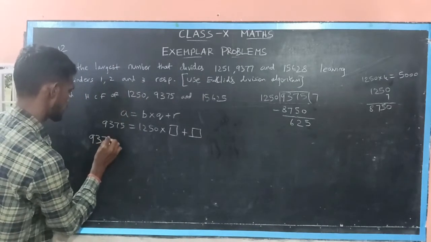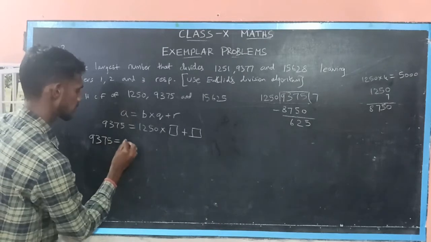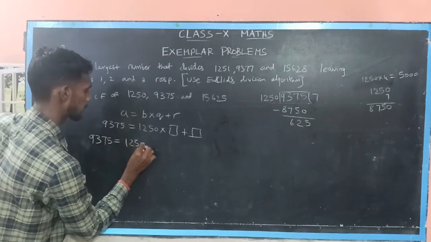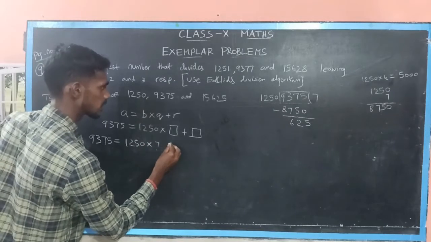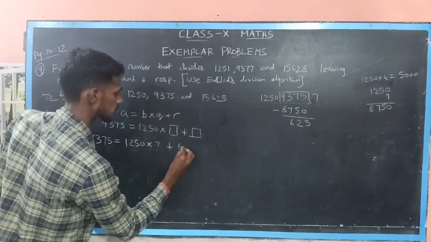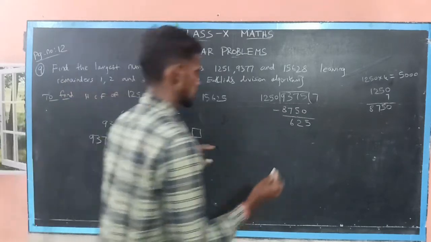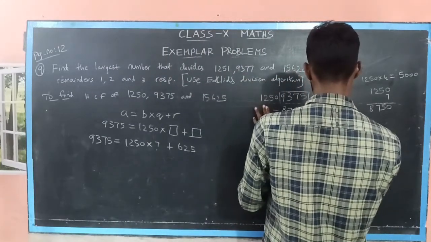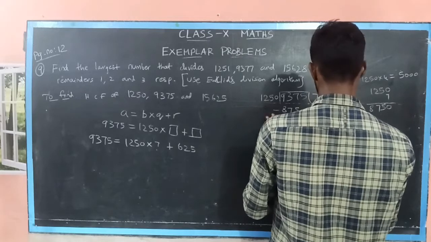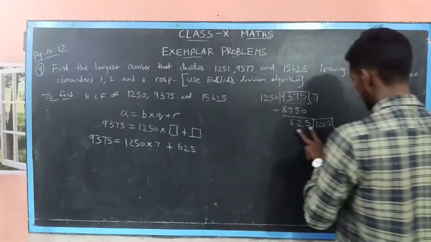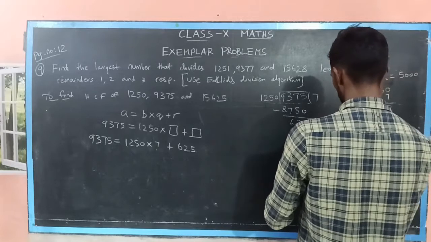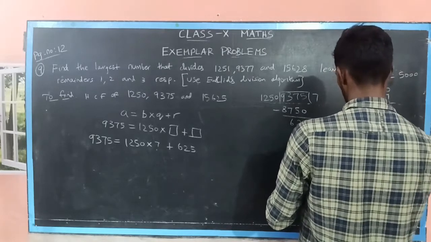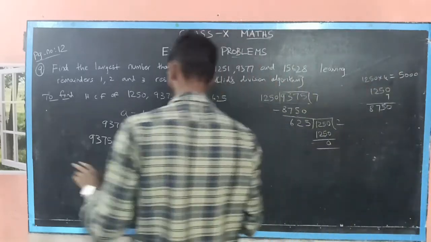So 9375 is written as 1250 into 7 plus the remainder value 625. In the next step, 625 becomes the divisor and 1250 becomes the dividend. 625 into 2 gives 1250, so the remainder becomes 0.